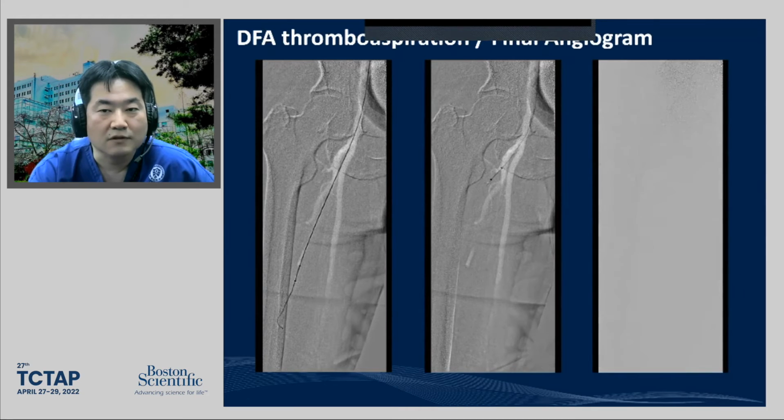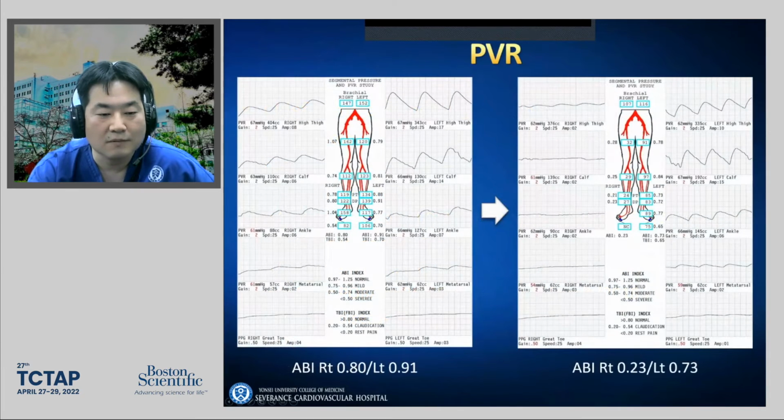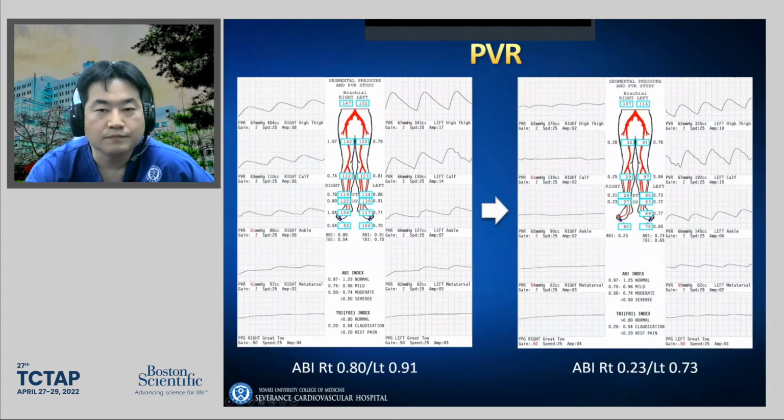The second case was a patient with 10 hours of both leg pain. He has already had a history of many peripheral angioplasties, and also had a diagnosis of Buerger's disease. We had checked previously that the ABI was 0.8 to 0.9, but at that time the left side also decreased and the right side was 0.2.